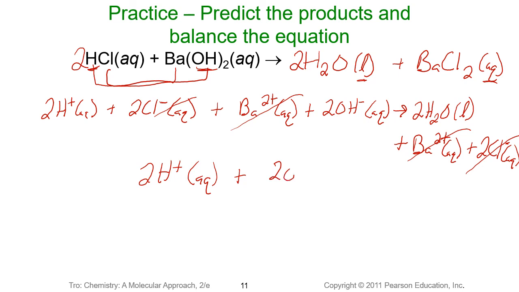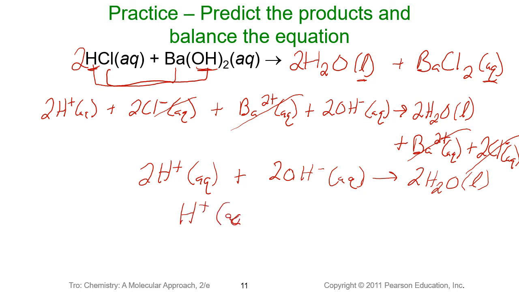We get a net ionic equation of H plus OH minus gives us water, because we can reduce this. There's 2's in front of each one, so we can reduce it to H plus OH minus yields water.